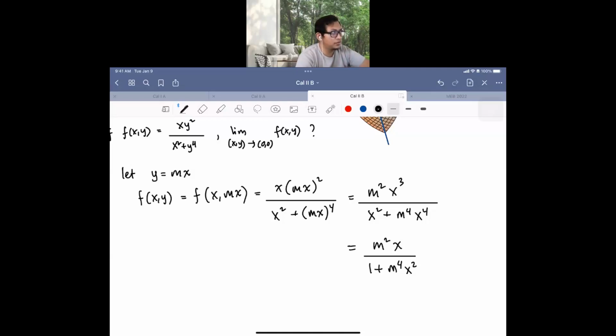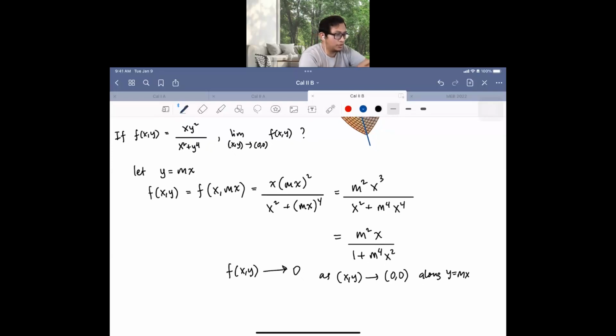But from here, for any line equations that we have, if we take this to 0, then this is also going to be 0, as xy goes to 0, 0 along y equals mx. This is another way to check using y equals mx.